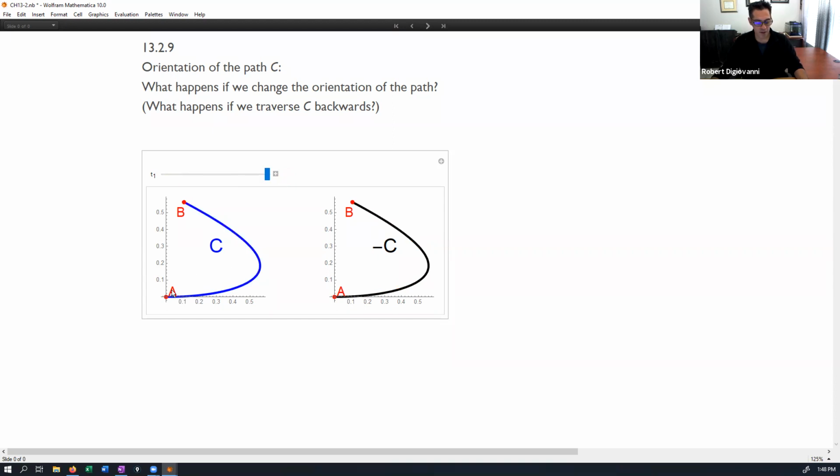If we call the path from A to B C, then going the opposite direction we call negative C. The negative in front of the C just means the reverse direction of the path. Do you think that gives you a different answer?